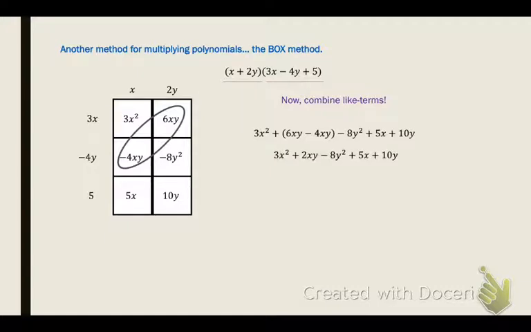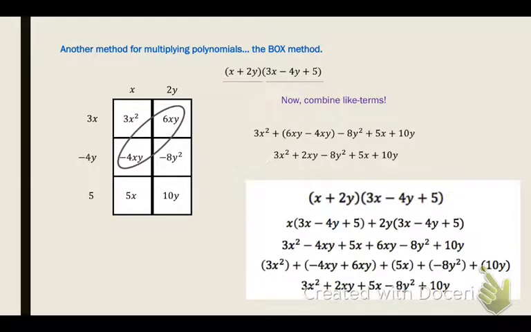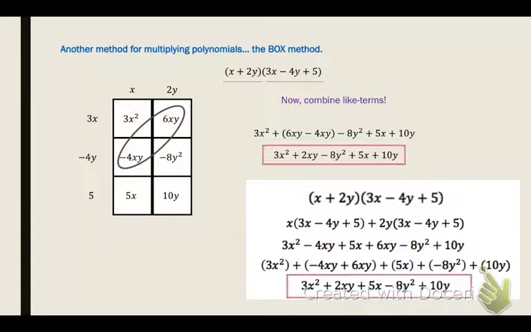You get 3x squared plus 2xy minus 8y squared plus 5x plus 10y, which is the same answer as what we got before. They're in a little bit different order. I moved the 5x a little bit, but it has the same terms. Okay? So you can do it either way. I'm fine with either way. It's a lot easier for me to double check your work when you use the box method though.